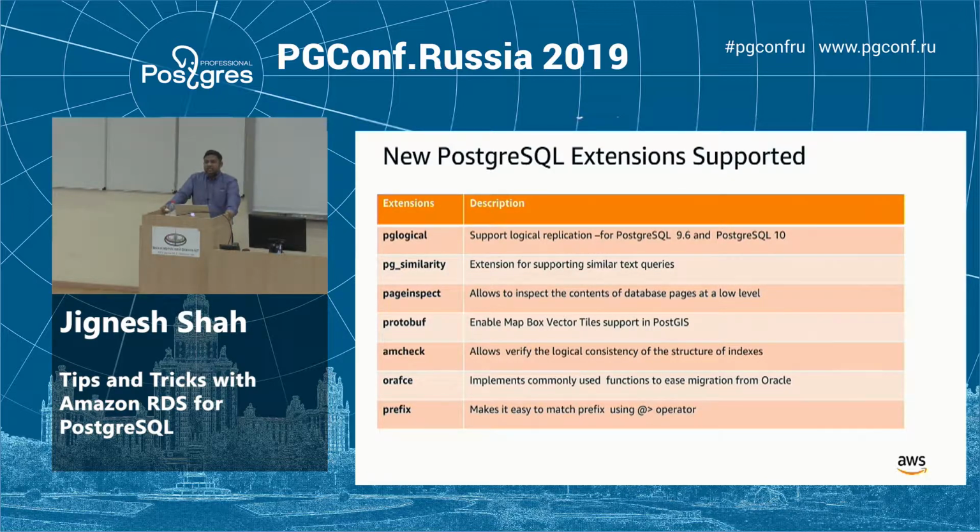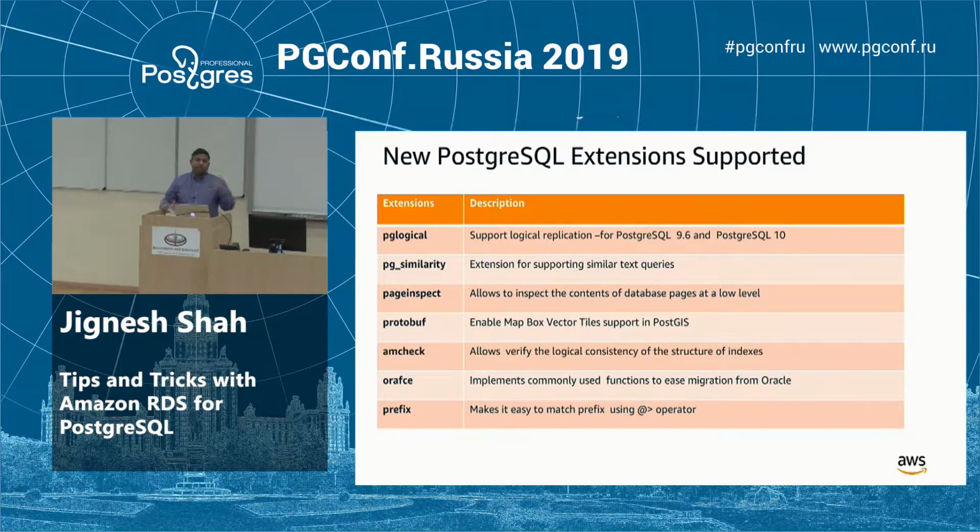PGLogical is an extension to do logical replication from version 9.6. So if you know Postgres 10 supports native logical replication, what that will allow you to do is replicate from an instance of version 10 to another version 10 instance, or maybe 11. But what about the customers who are already on 9.6?